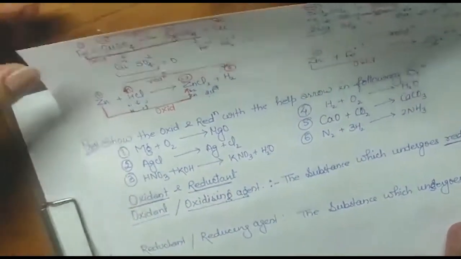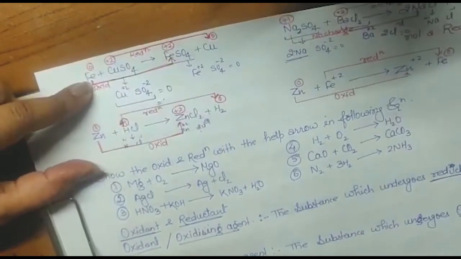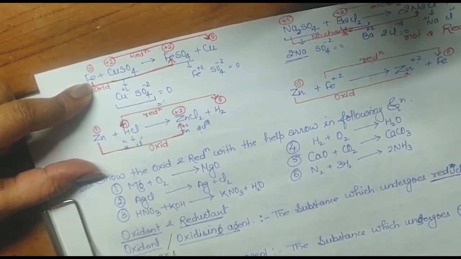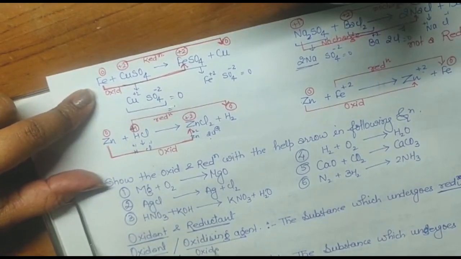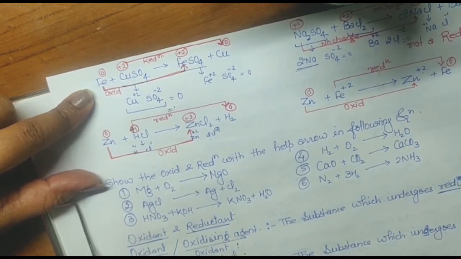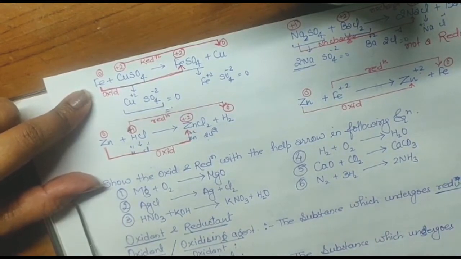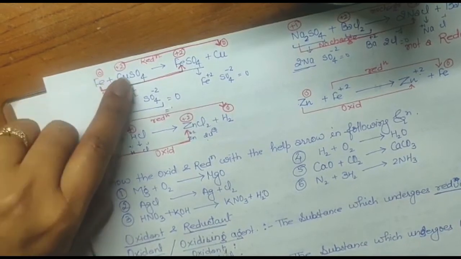So let me do this with the examples. In example 1, if I ask which one is oxidant and which one is reductant, what will be the answer? Oxidant कौन होगा? The one which is undergoing reduction. So which is undergoing reduction over here? This Cu.